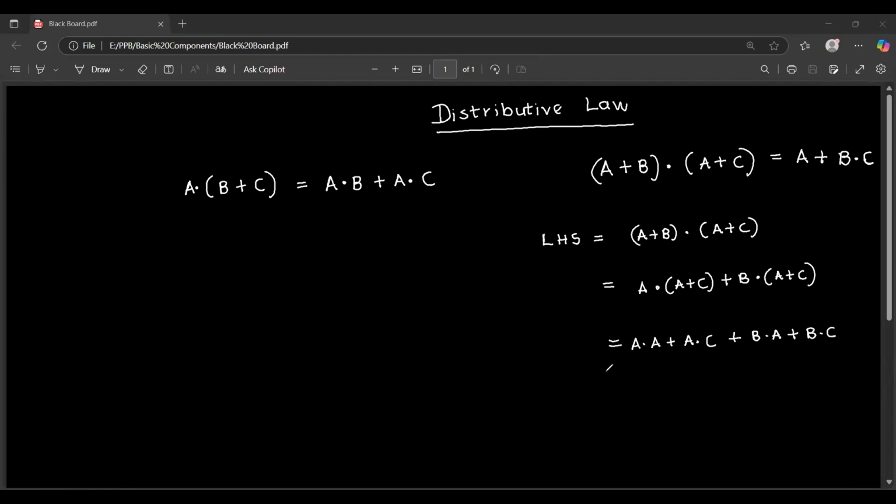So what's the next step? Since we have a dot a, do you remember something? When I taught you in the last video about the 3 I laws, I taught you about the idempotent law. So a dot a is equal to a. Since we have learned about the distributive law, if something like a dot b and a dot c are there, we can factorize it.